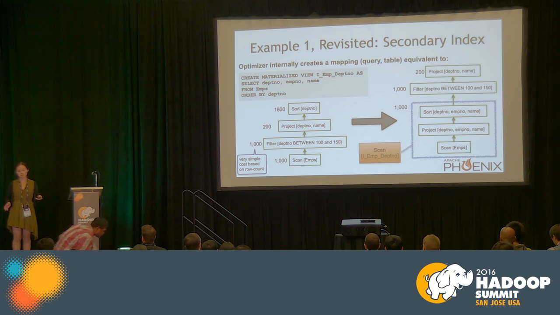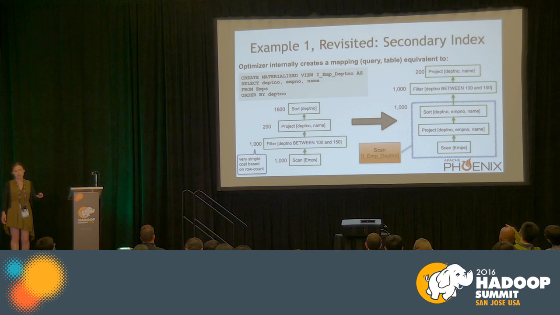For example, if the left-hand side produces 1,000 rows from the employee table, the filter is going to filter on these 1,000 rows, and after the filter maybe one-fifth of the rows, 200, are going to come out, and the project is going to project 200 rows, which costs something like 200.